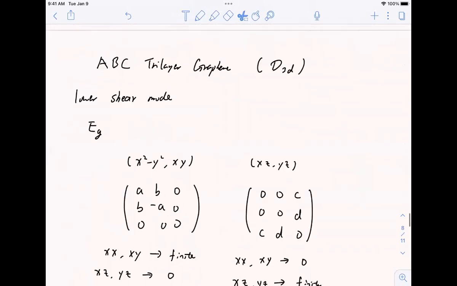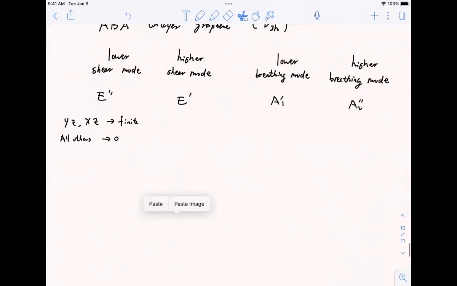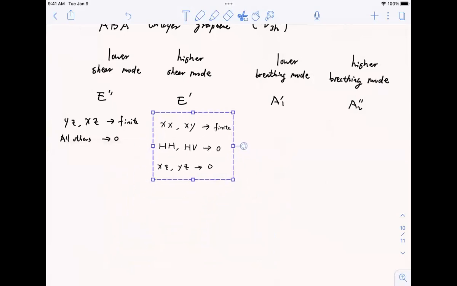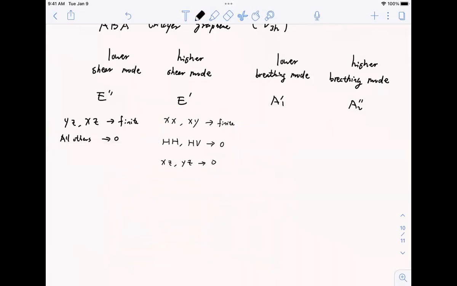Okay. You just summarize. And then we have left and right is finite.